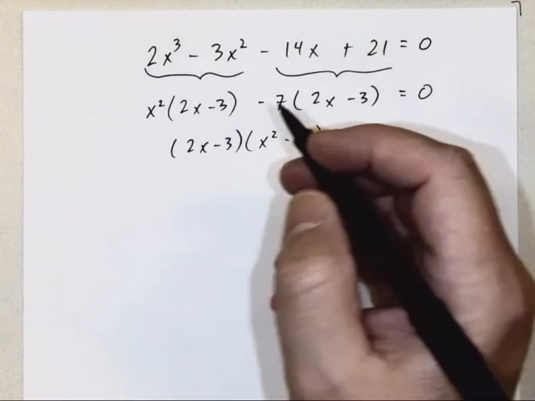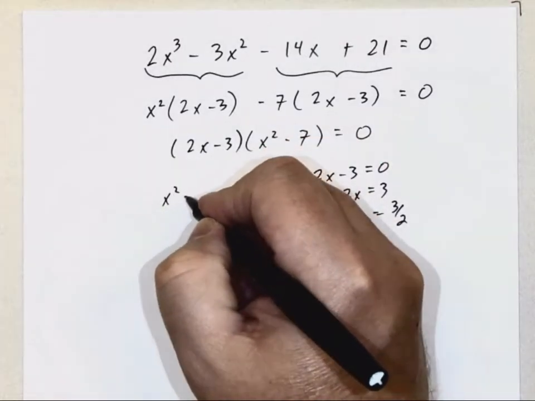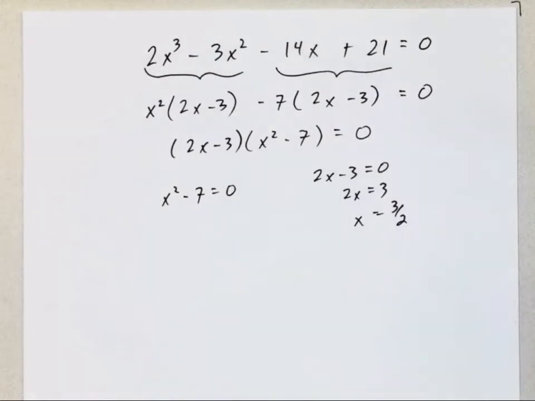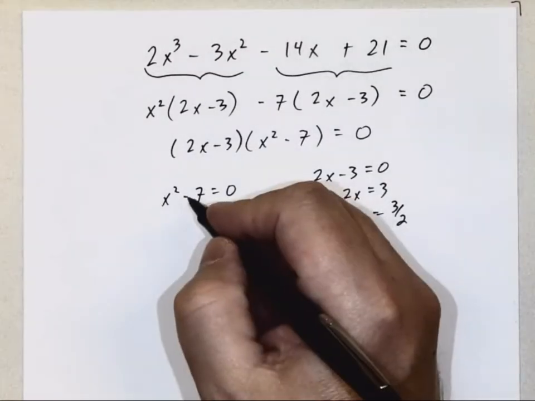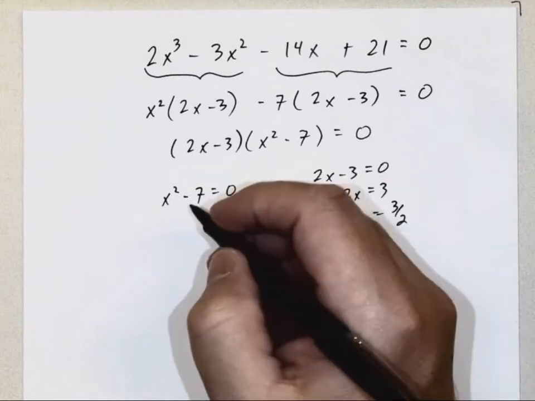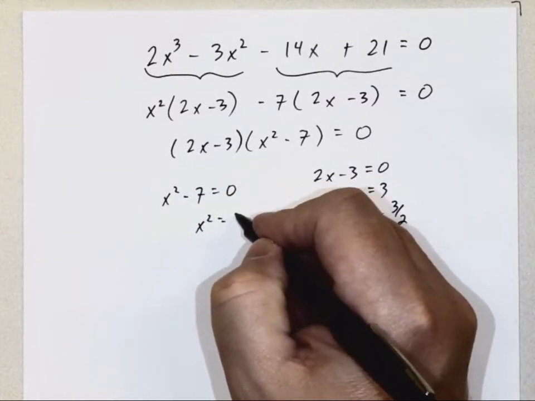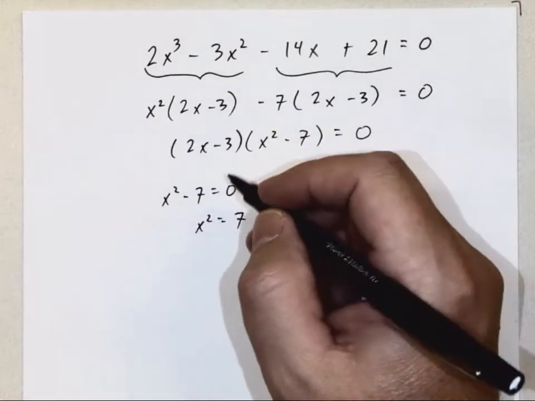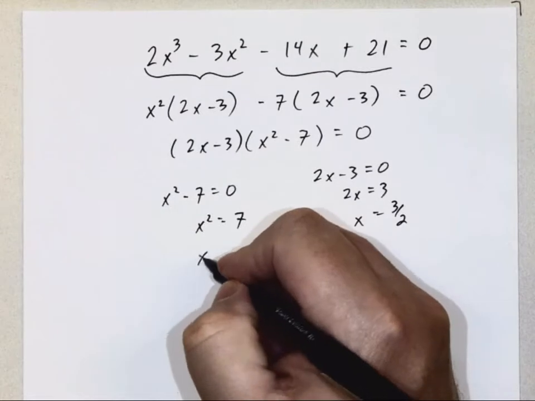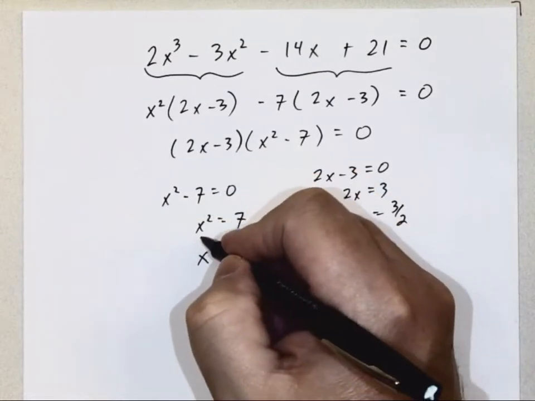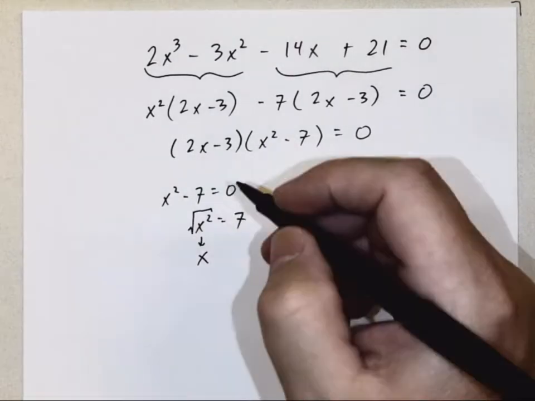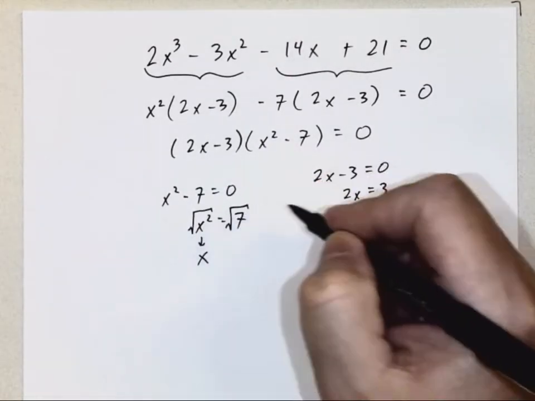Now I take the second parenthesis, and I set it equal to 0, and I solve for this. X squared minus 7, if I add 7 to both sides. If I want to solve for x, I've got an x squared here, but to get from x squared to x, what do I do? I can take the square root, but of course I have to take the square root of both sides.